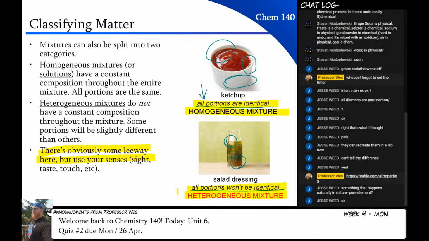So scooping from the bottom, heterogeneous mixture would be the intended answer, as opposed to scooping from the surface, which would probably be homogeneous mixture, because you're just getting the water and very unlikely to get much else. So be careful with specific questions about what they're asking you, because you might see something and think, oh, I don't know what that is, and then type in the wrong answer, because I'm basing it on this definition right here, okay? So just be mindful of that.